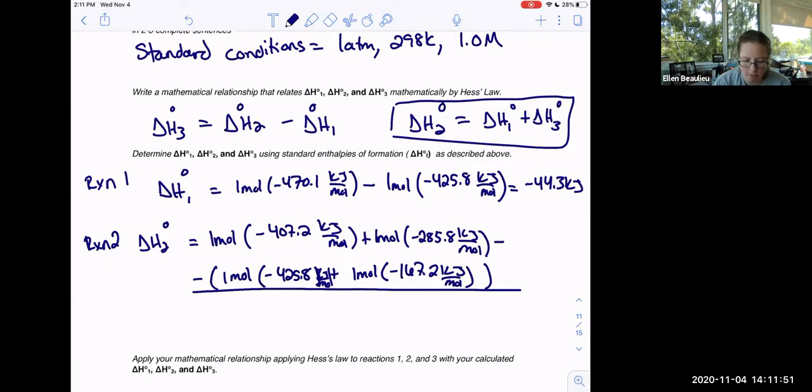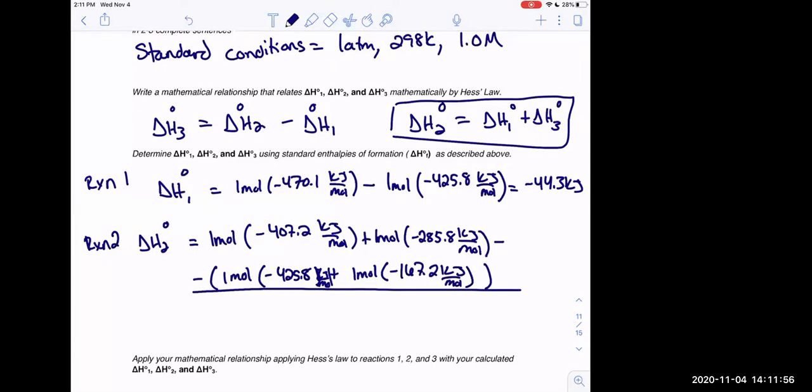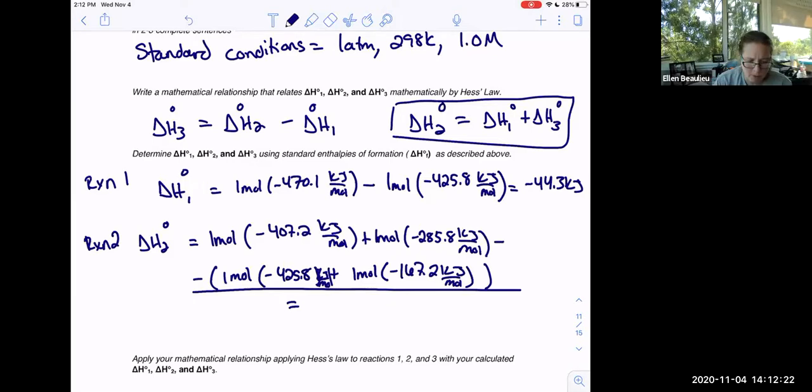Don't all jump at once. I can say it, but I didn't want to talk too much. Oh, go for it. Negative 55.8. I'm confused. Maybe I wrote my numbers down wrong.